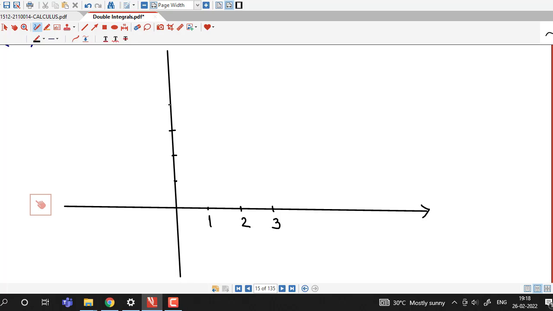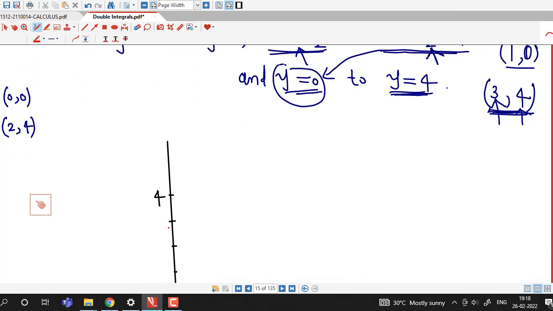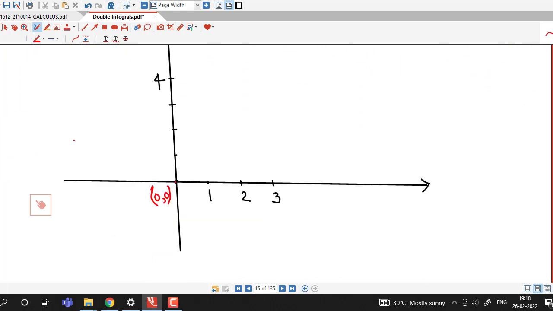So we can roughly decide that this is 1 2 3 and 4. This point is origin, and other points are 2 4, 3 4 and 1 0. 1 0 means here this is x-axis, so y equal to 0.